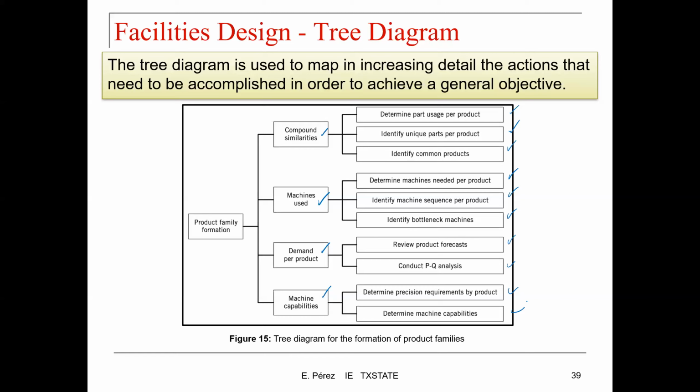The machines that are used, so you can set up your station or your department for producing such families. This one I already explained, so this can help you identify the products that are going to be produced the most, and also the ones that will have priority and the capabilities of the machines.